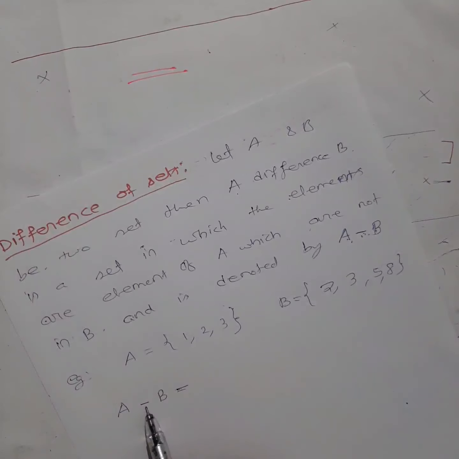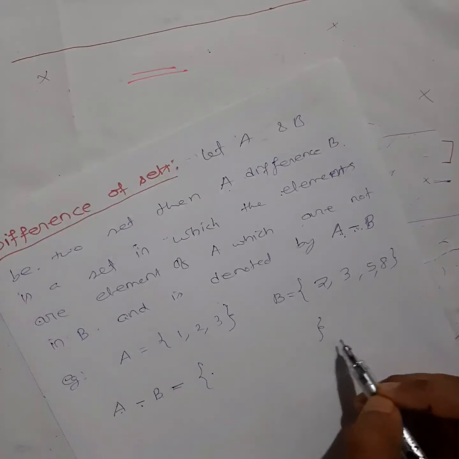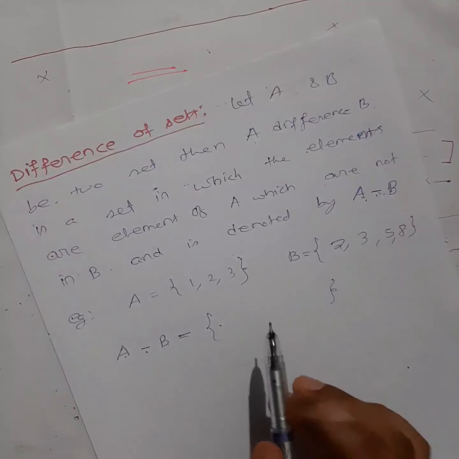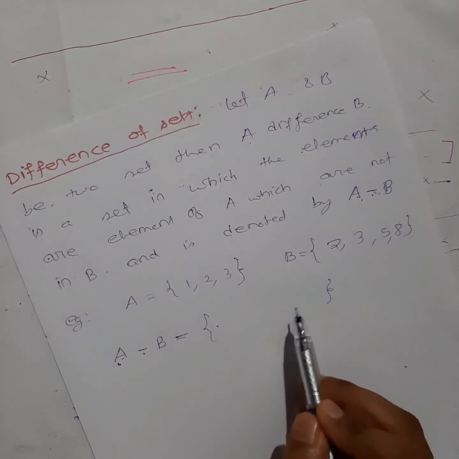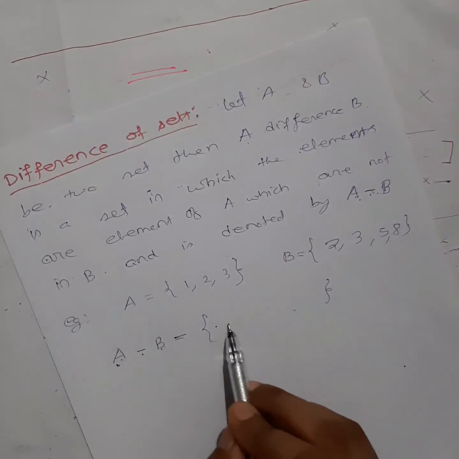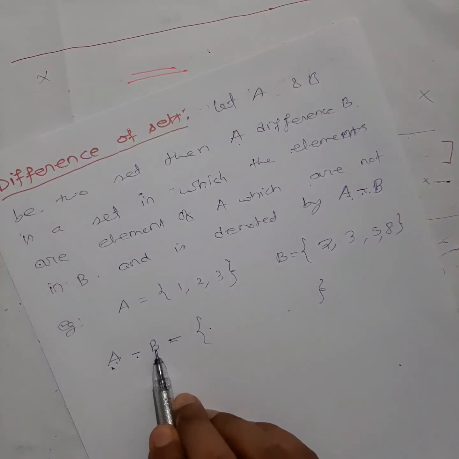When I use this operation between these two sets, then you will get another set. What is this set? A difference B is a set in which the elements are those which are elements of A, but which are not in B. It will have those elements of A which are not there in B.